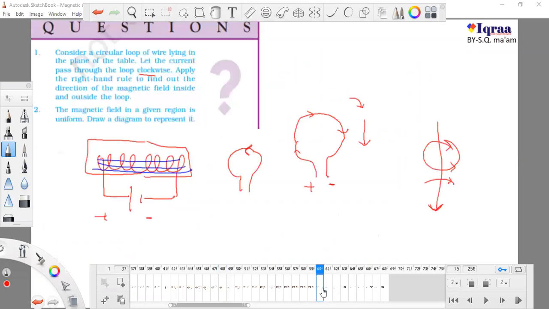So you just have to draw the magnetic field lines; they change their direction when they cross this area, but in this area they have the same amount.